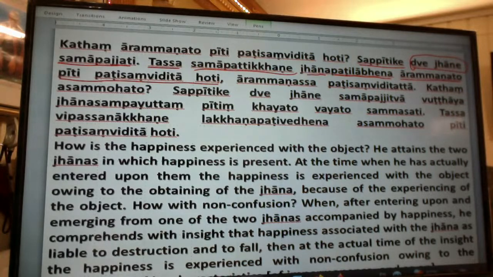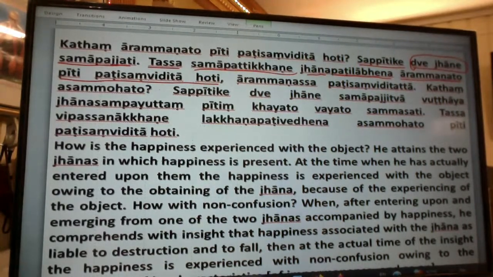So the meditation object is very clear because of no disturbance of the hindrances. That is why.